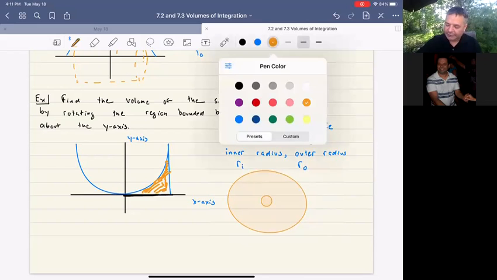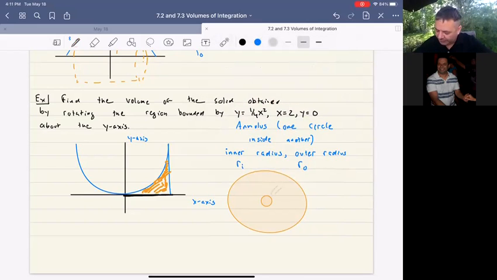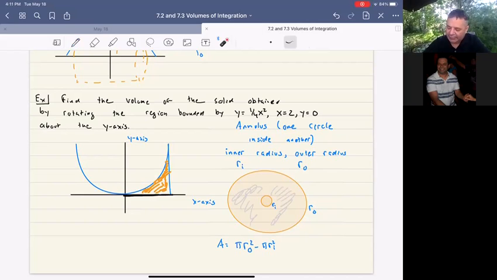Okay, we want to find, let's say, this region. The area is going to be pi times Ro squared minus pi times Ri squared. So it's the area of the whole thing minus the area of the inside.